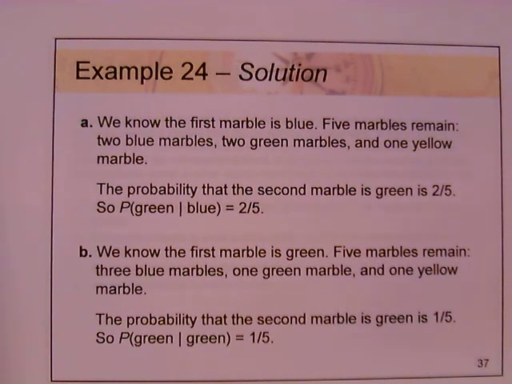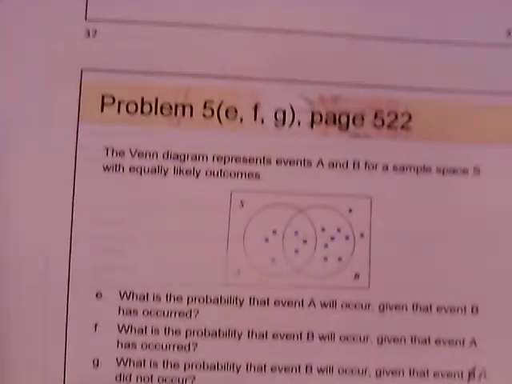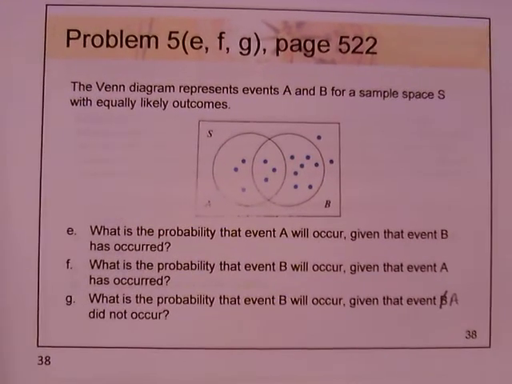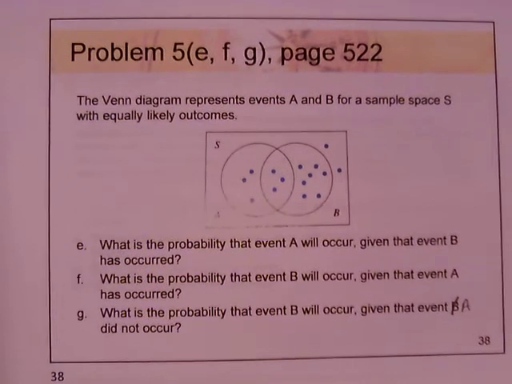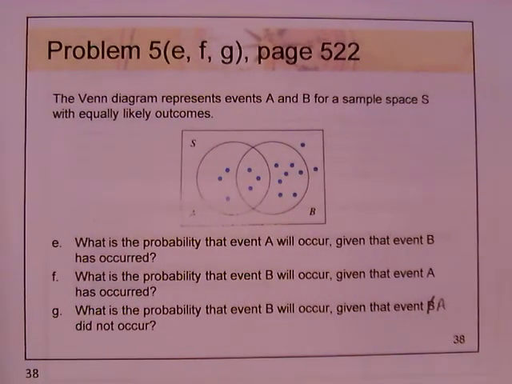Okay. Now we're revisiting problem number 5, E, F, and G on page 522. Here we got the Venn diagram again for events A and B, sample space S, equally likely outcomes again. What's the probability that event A will occur given that event B has occurred?